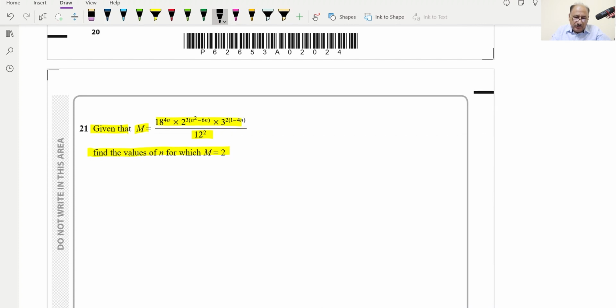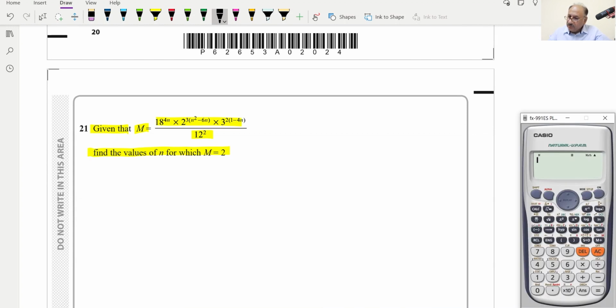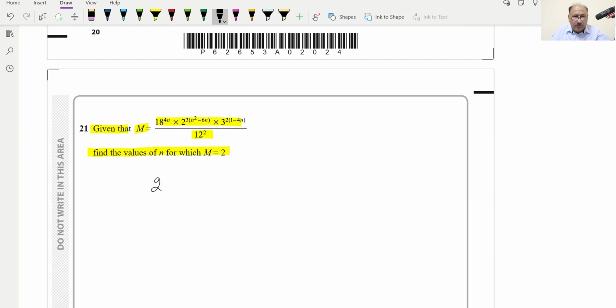So 18 we can rewrite, for example 18 raised to the power 4n.